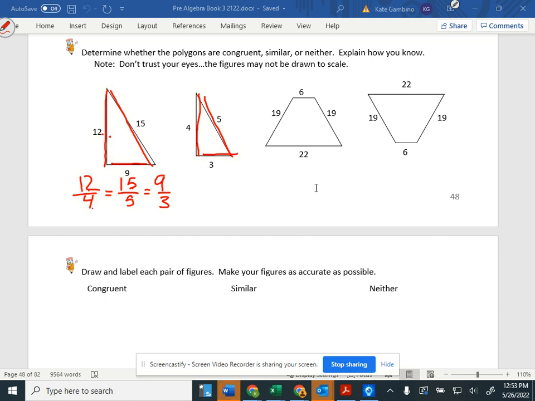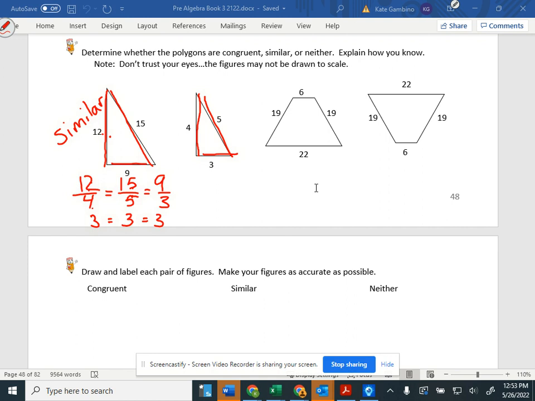Then the small triangle needs to be on the bottom. 12 divided by 4 is 3. 15 divided by 5 is 3. 9 divided by 3 is 3. So we know it is similar. But you have to do the math. Did you write it down, Gavin? So make sure you're showing your proportions and make sure they actually equal each other. When you write out your proportions, if they don't equal, then you know it's a neither.